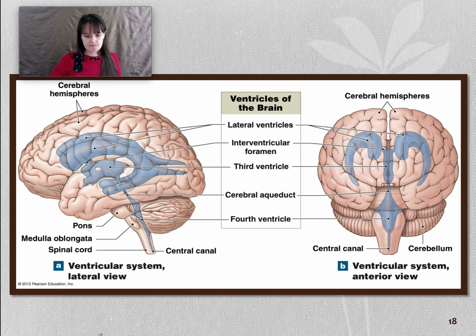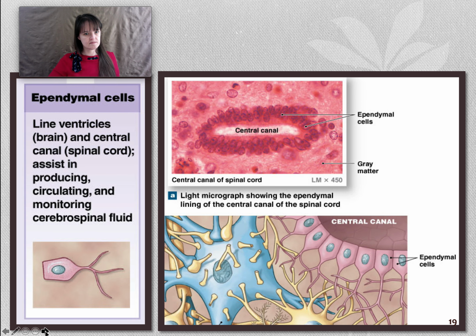What else did we need to know? I feel like I've skipped something. Ependymal cells line the ventricles and the central canal. They assist in producing, circulating, and monitoring cerebrospinal fluid. So there's that.